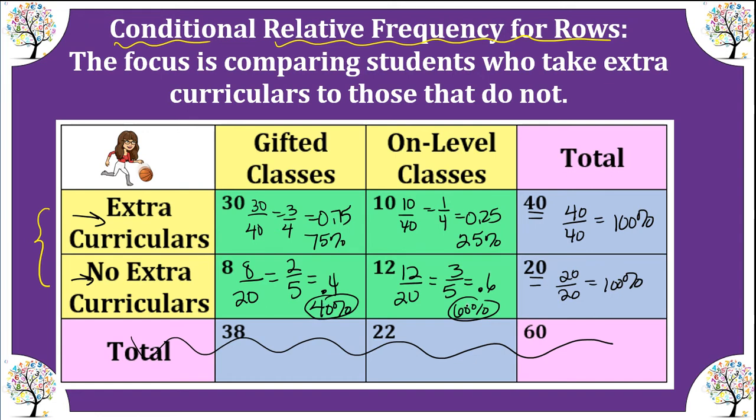So it's slightly likely that you would have on level classes, but there's not a huge discrepancy between 40 and 60 percent. It's not a big gap. So it may be almost equally likely. I know 40 and 60 are not equal, but they're pretty close. But you could say that if you have no extracurricular, it's slightly more likely that you have on level classes.